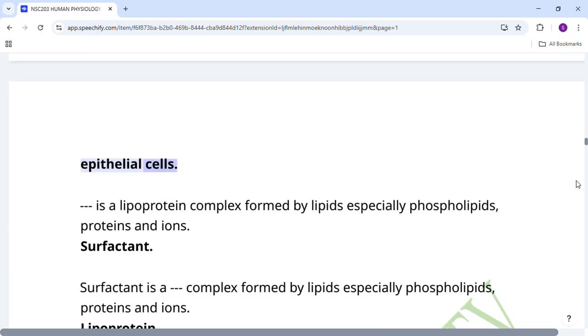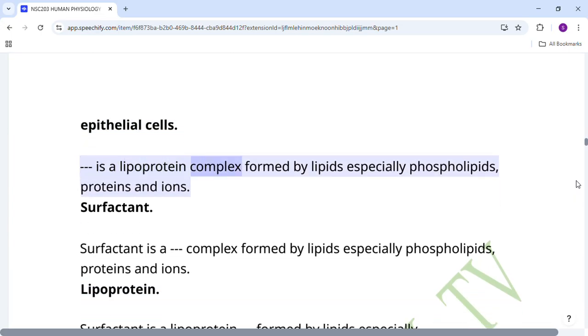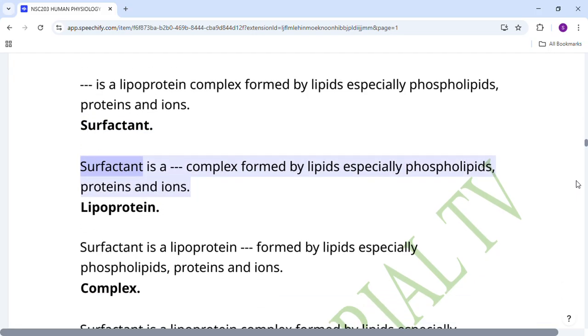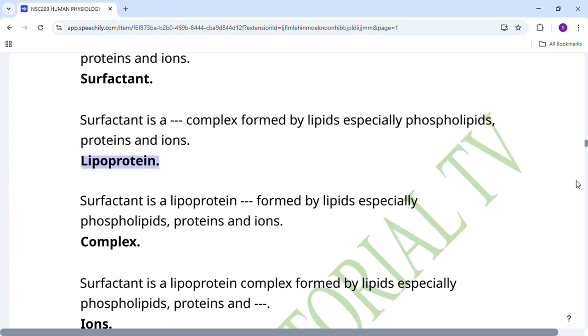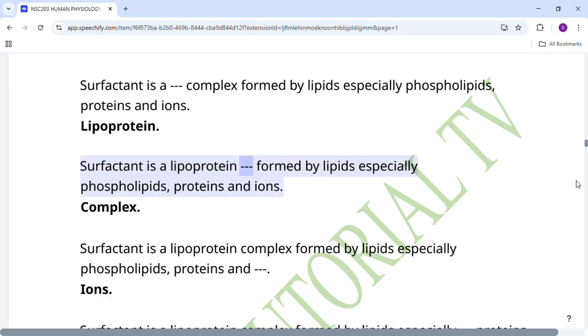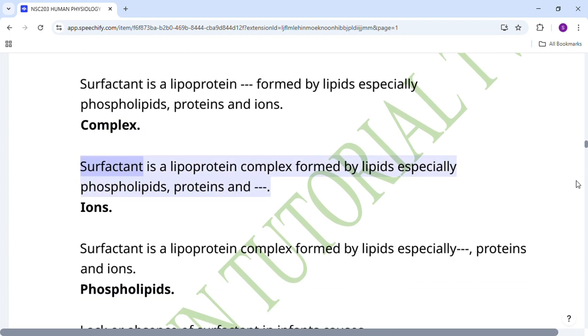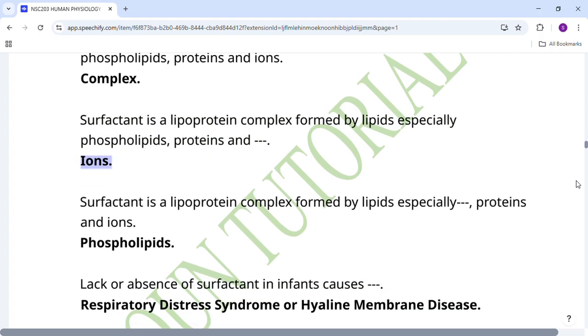Surfactant is a lipoprotein complex formed by lipids, especially phospholipids, proteins, and ions.